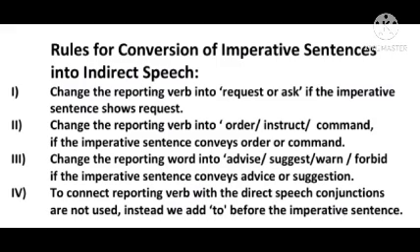We used a conjunction to add the reporting verb with the reported speech. So now in imperative sentences, to connect the reporting verb with the reported speech, conjunctions will not be used. Instead, we'll use "to" before the imperative sentence.